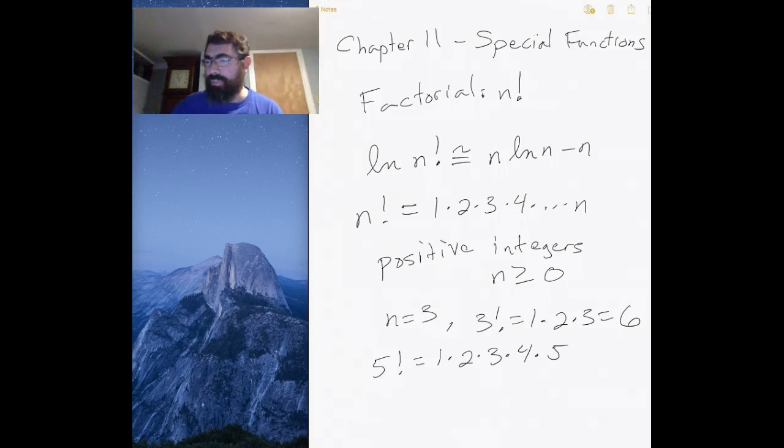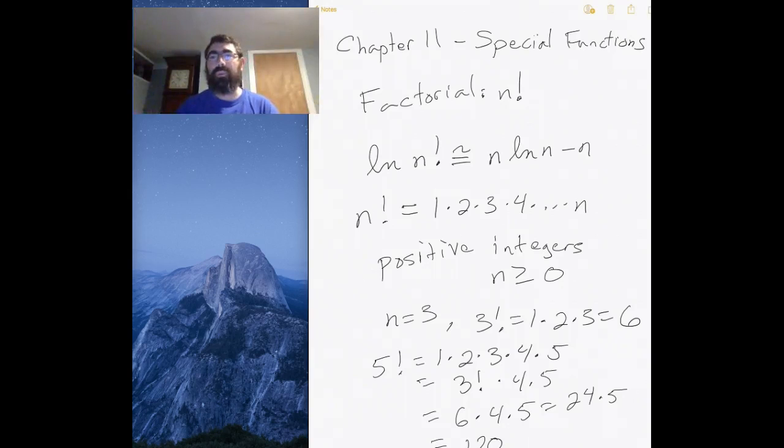Now I notice that 3 factorial was already in here, so what I really have is 6 times 4 times 5, or 24 times 5, or 120.